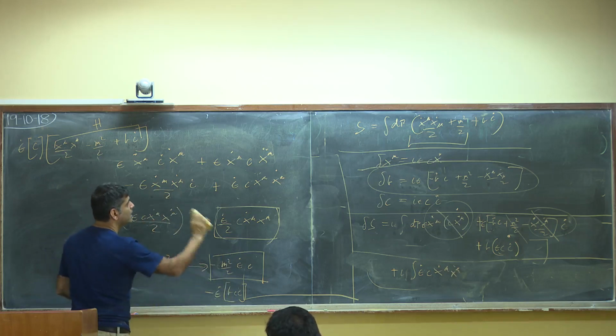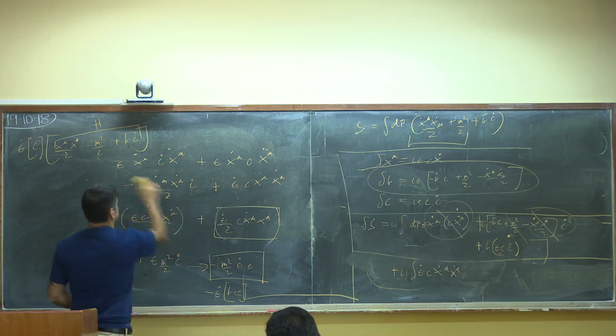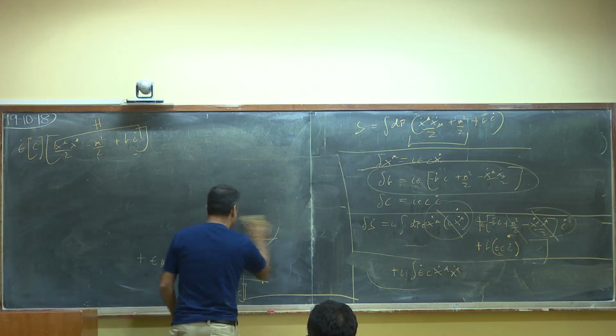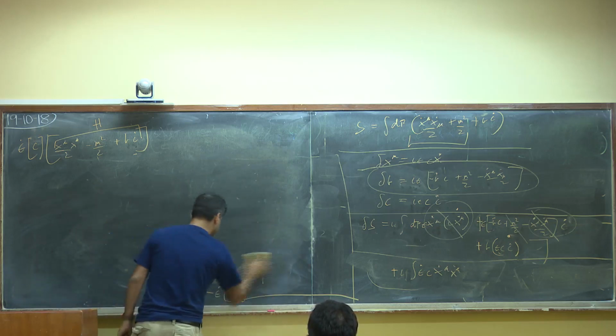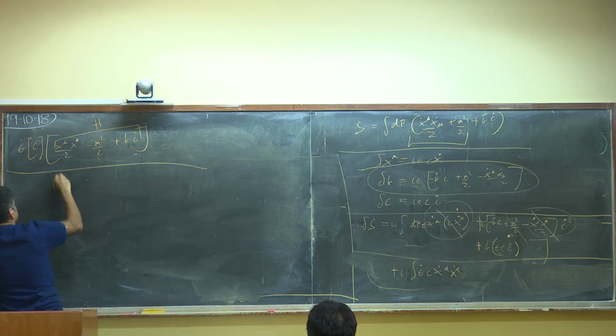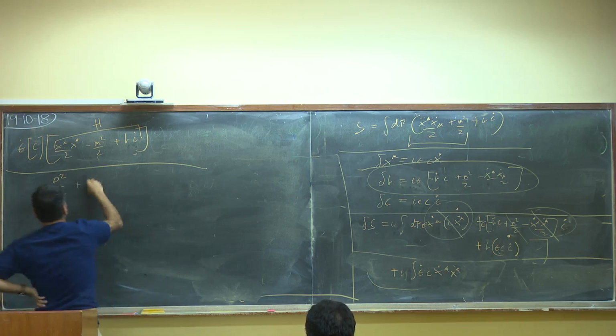See, in Minkowski space, the Hamiltonian is p squared by 2 plus m squared by 2.